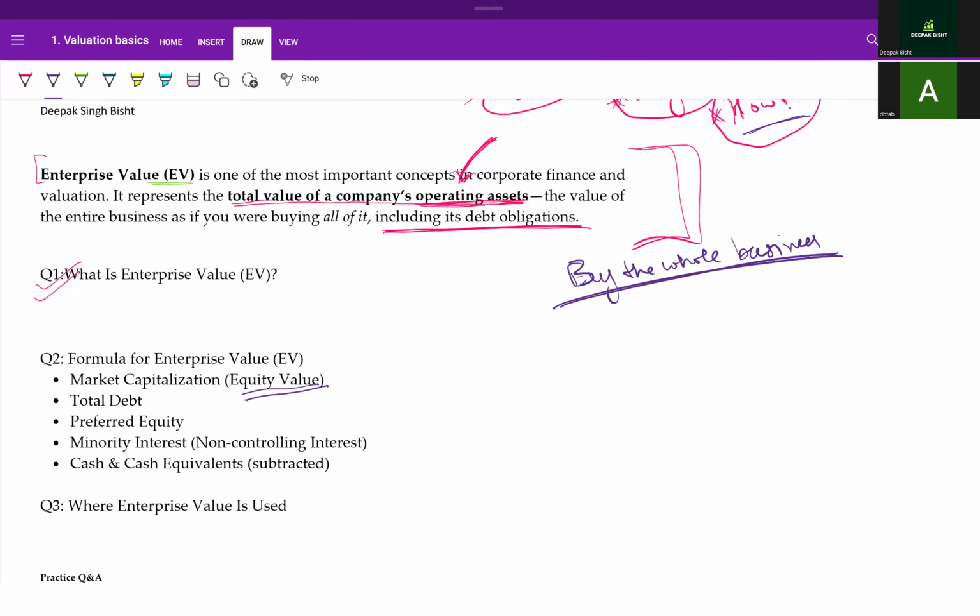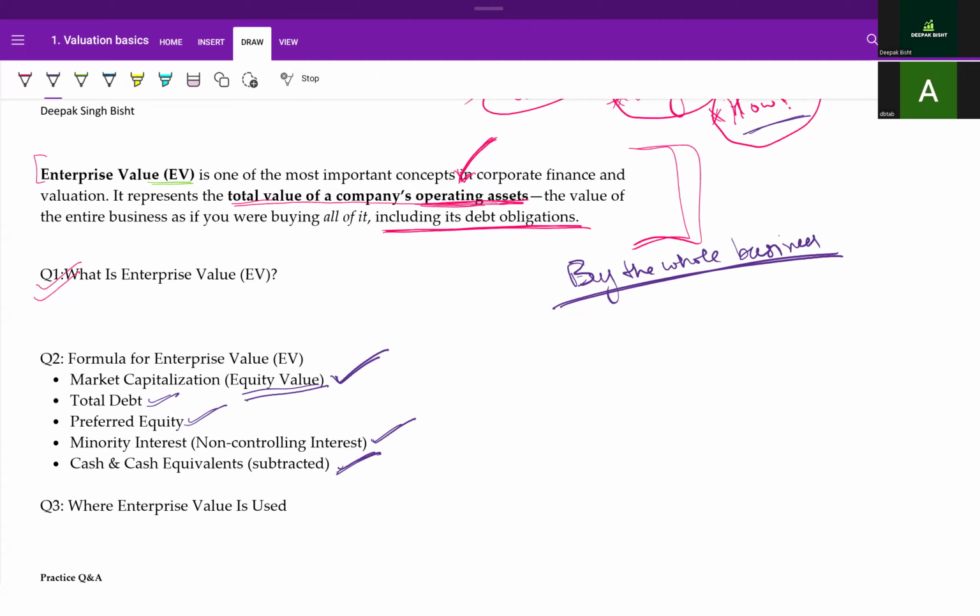I'm buying the company, so I will be paying off the equity shareholders, the debt holders, the preferred equity shareholders, and minority shareholders, the minority interest. I'll be using cash and cash equivalents to pay off these things.